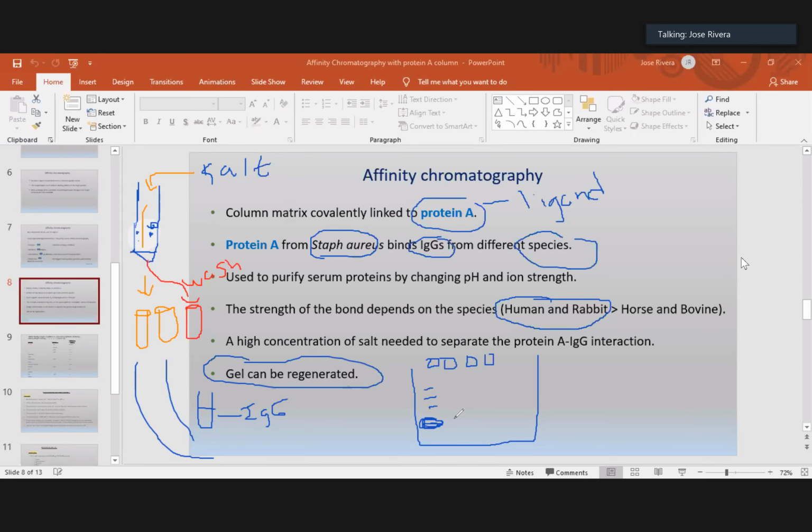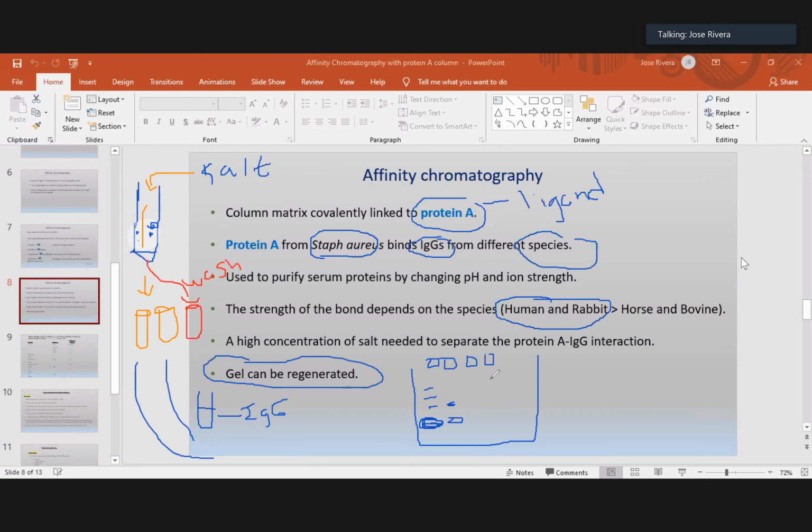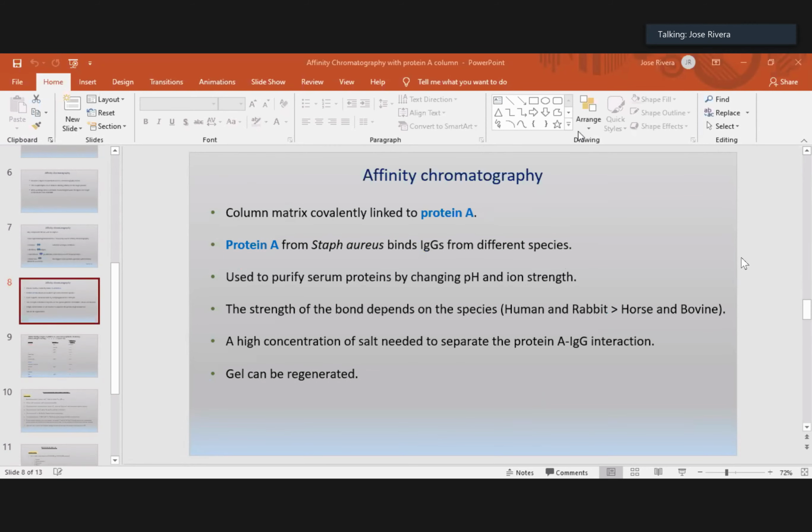As you wash, the amount of albumin goes lower, and then eventually your purified protein is going to be over here, but the other bands are going to be gone. If it's pure, you're going to have only one band. And then you have to test this band to make sure it's IgG. To do that, you can do an ELISA. Okay, so that's what this lab is supposed to be about.